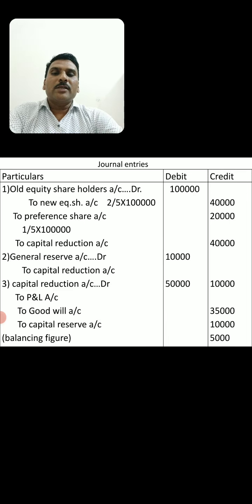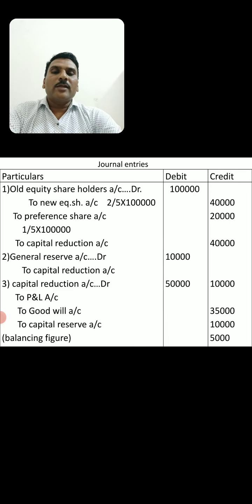And the preference shares are 1/5 of 1 lakh, means 20,000. So the new equity shares are 40,000 and the new preference shares are 20,000; the new share capital is 60,000 and the old share capital was 1 lakh. The balance of rupees 40,000 is the sacrifice made by the shareholders. Such amount is transferred to the capital reduction account.